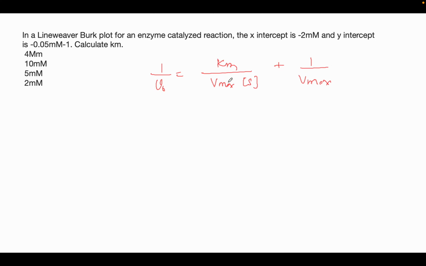Okay, so the x-intercept is minus 1 by Km. So if we take the modulus of this, we'll have 1 by 2, which is equal to 0.5 millimolar.